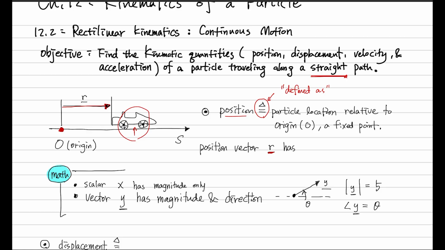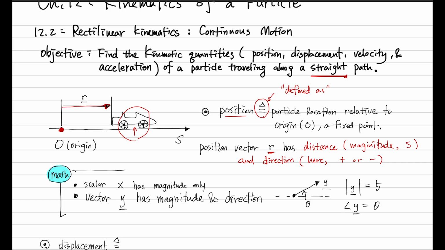Position vector R has distance, which is the magnitude, and in order to represent the magnitude, we will use S. And it has direction here, just plus or minus, because it's a straight line going along the axis.